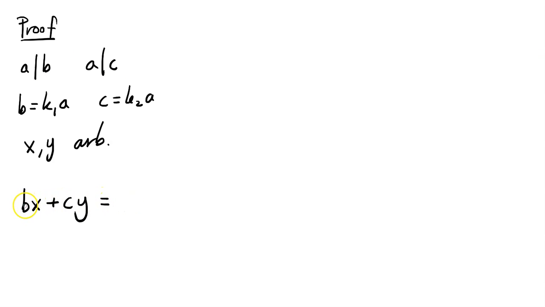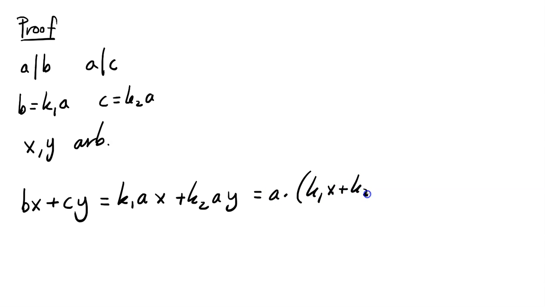We can rewrite this now because we know that b is equal to k1 a and c is equal to k2 a. So we just replace that into the expression. So we get this. Now we see that a is both here and there, so we can factor it out. Then we have remaining k1 x and k2 y.